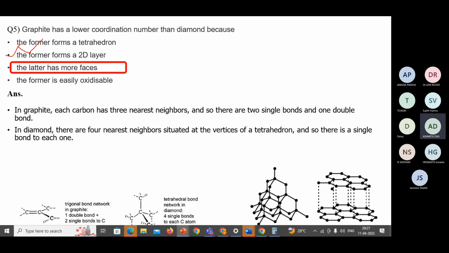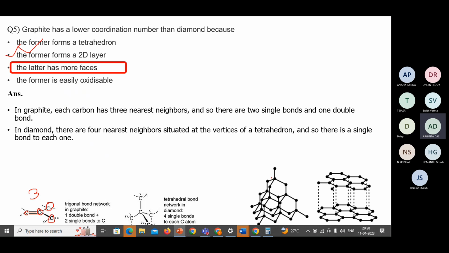One is double bonded, and the other two are single bonded. So basically there are three neighboring nearest atoms.